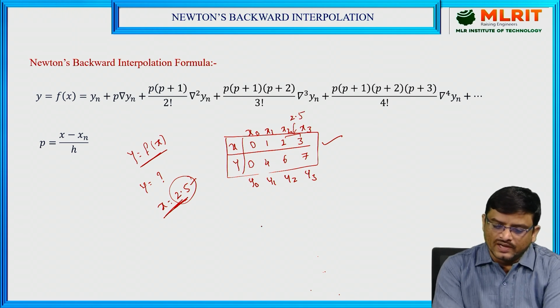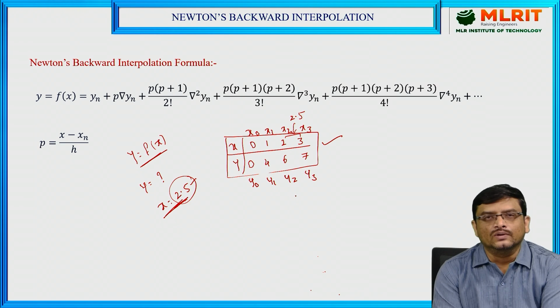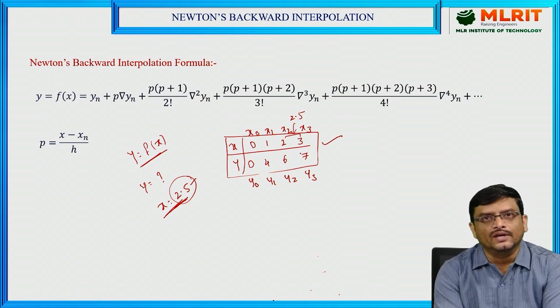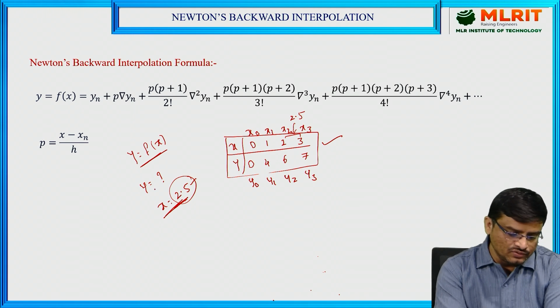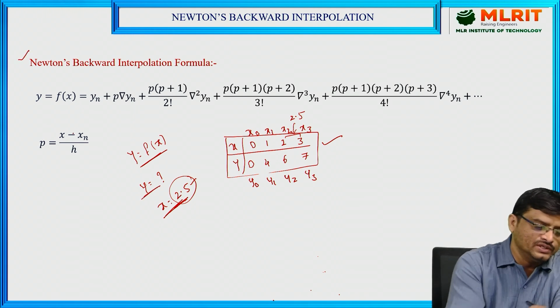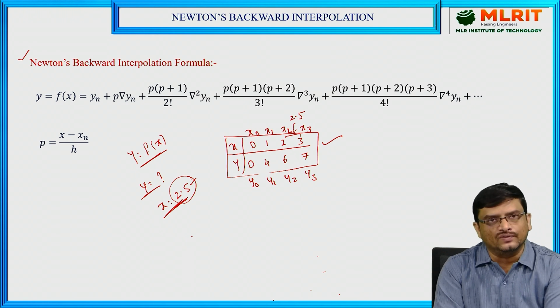Whenever the x value lies at the ending of the table, then if you want to find the value of y at this x value, we can use Newton's backward interpolation formula.